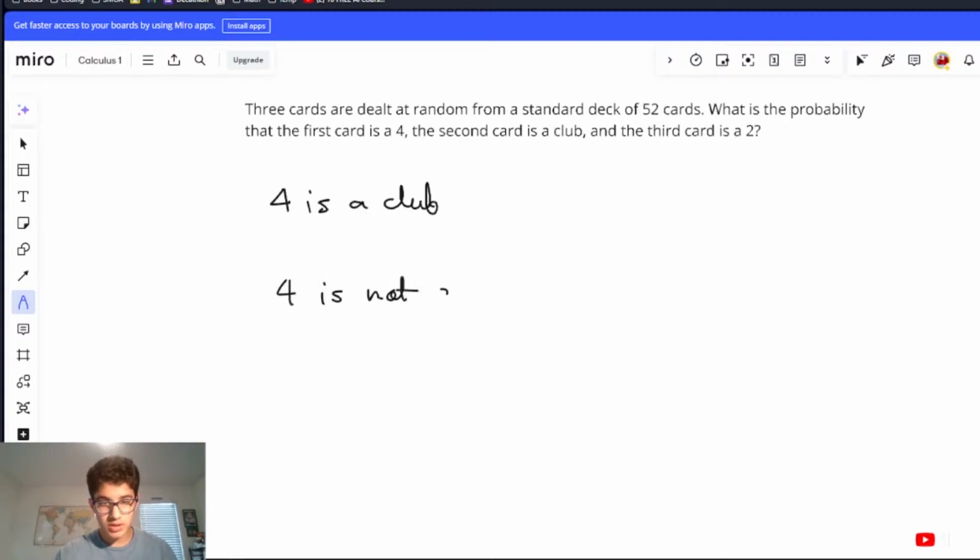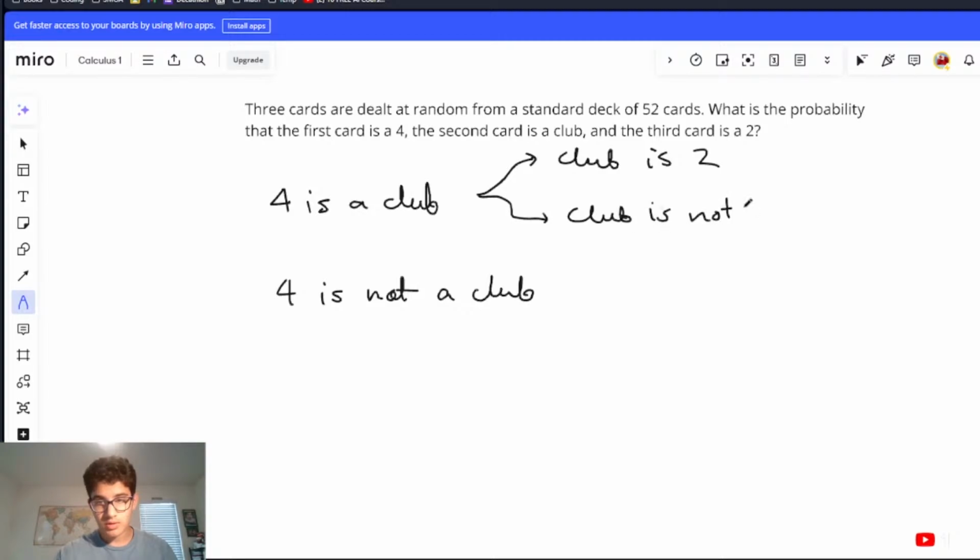All cases are covered. Then over here we need the club to be a two. Club is a two. Club is not a two. And then same here. Club is two. Club is not a two.